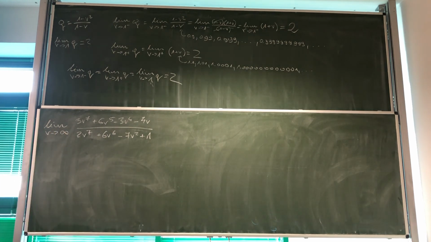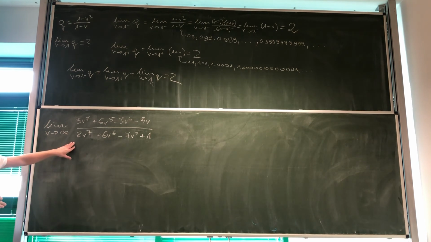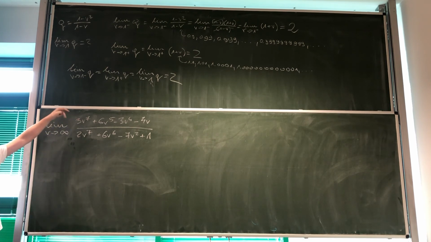And we're going to use exactly the same trick to deal with this case. We're going to take out v to the power of 7, which is the highest power, divided by v to the power of 7.